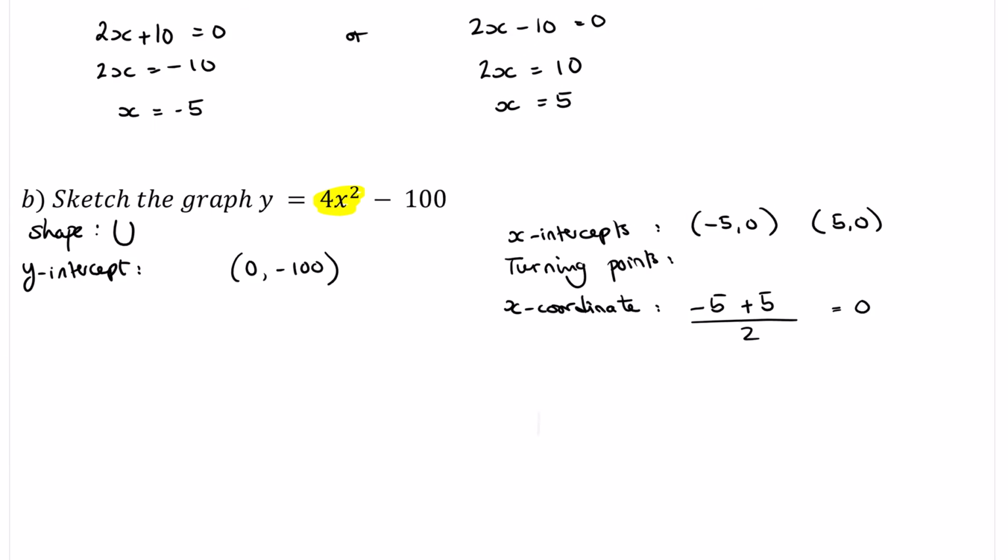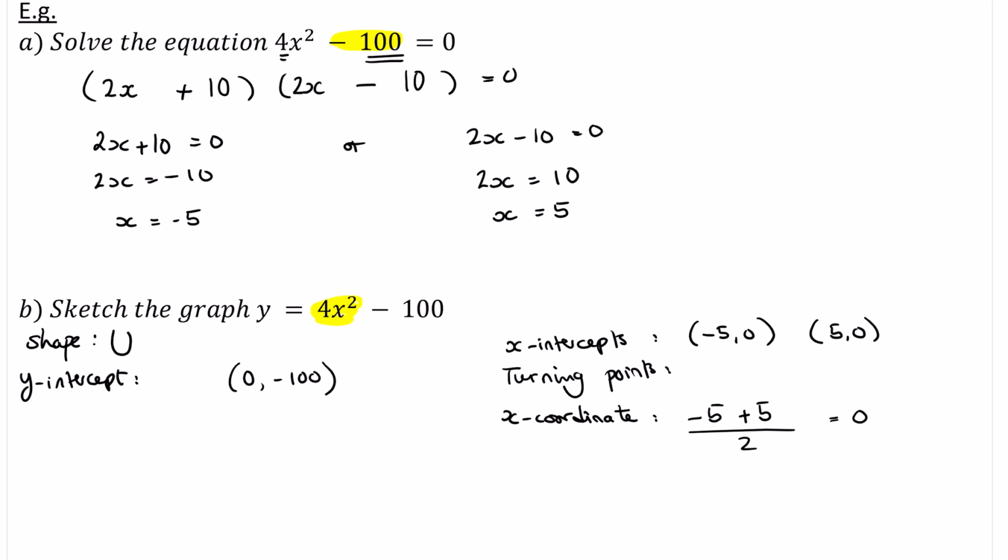And if I substitute that into the equation to find the y coordinate, you've got 4, and every x turns into a bracket, minus 100. Well, 0 minus 100 is negative 100.